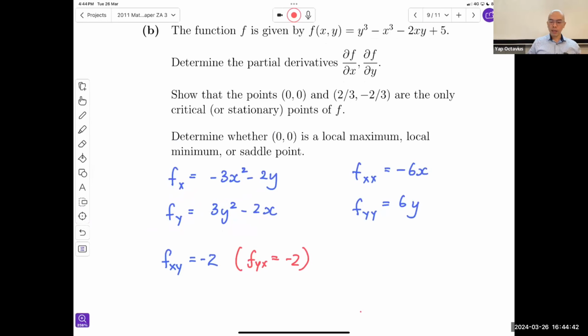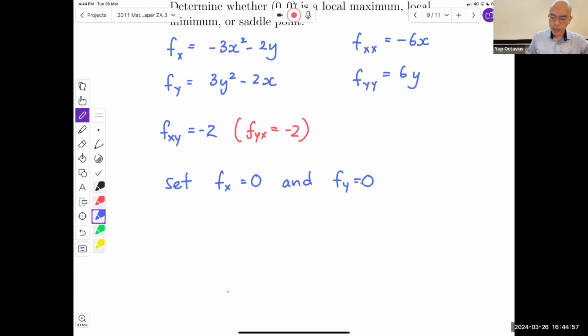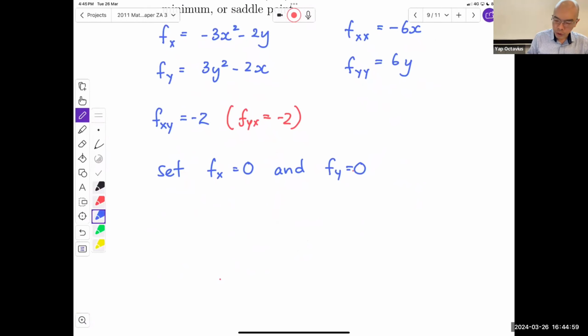Okay, so the next part is we set them to 0. Once you set it to 0, you will get 3x squared plus 2y equals to 0. And the other one you get is 3y squared minus 2x equals to 0.